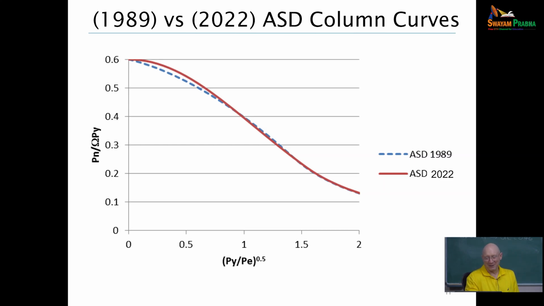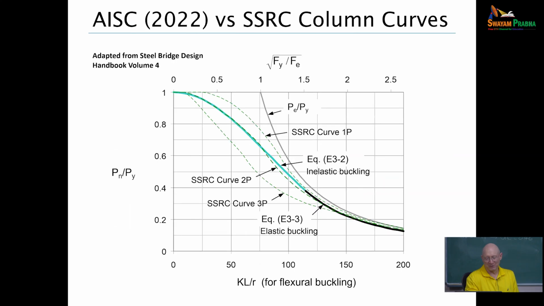With some of Dr. Bjorhovde's work, I'll show you some things here. So this is the SSRC column curves. And the AISC curve that I just showed you is the cayenne and then to black when we've got the elastic buckling. And so the AISC curve basically is reasonably close to curve 2P of the SSRC multiple column curves that were developed.